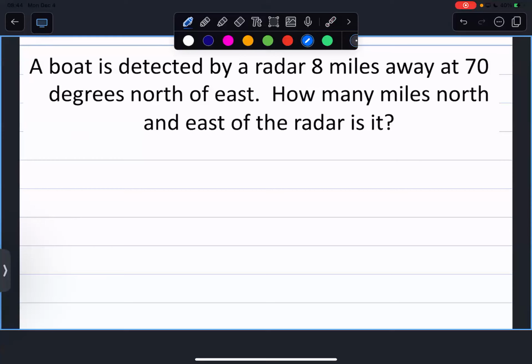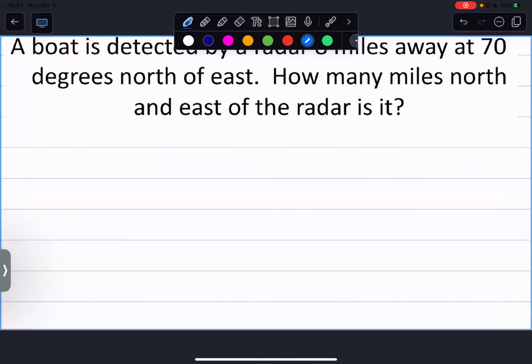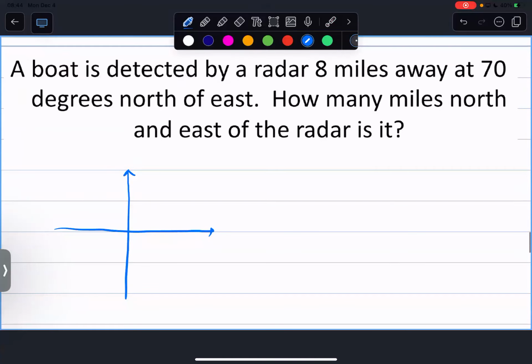I'll get you started and then I'll give you a little bit of time to try it. What's the key here? Knowing what 70 degrees north of east is saying. So here we've got north, never eat shredded wheat.